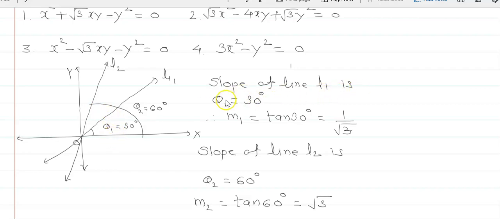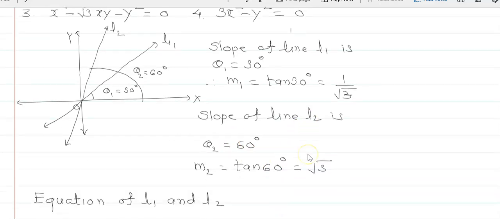Therefore, the slope of the line L1, where theta 1 is 30, M1 is tan 30, that is equal to 1 upon root 3, and second, theta 2, M2 is equal to tan 60, that is equal to root 3.